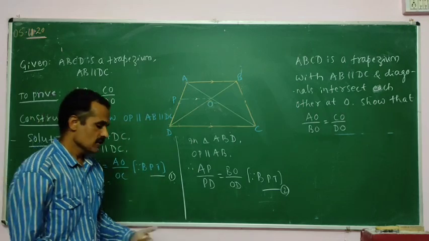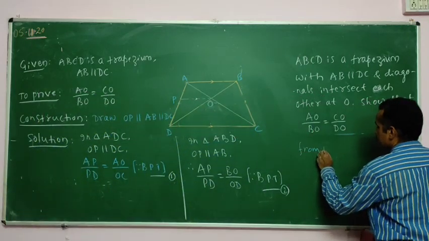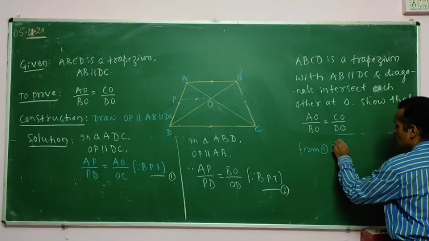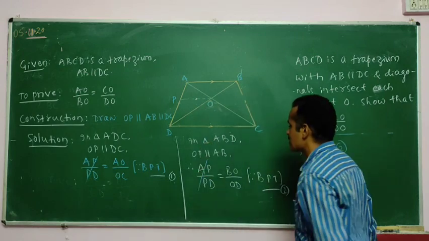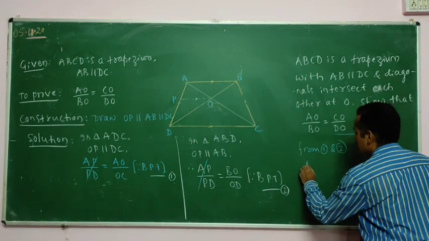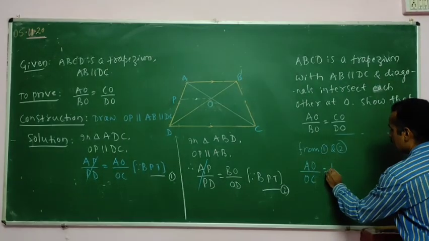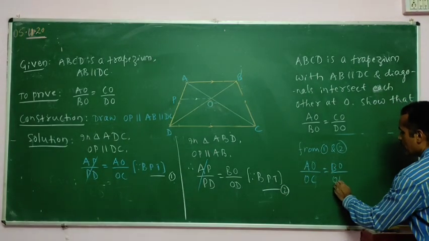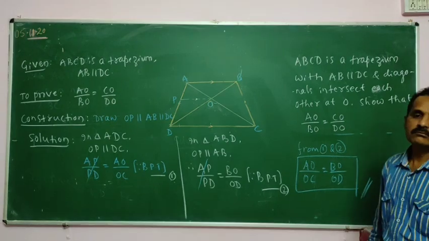Come on students, from 1 and 2, AP by PD gets cancelled and you can write AO by OC is equals to BO by OD. That is the end of the problem.